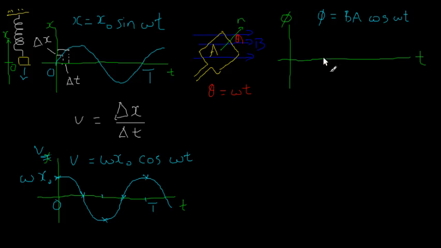Let's say that's the period, time for one cycle. So the cosine curve looks like this, roughly. Okay.